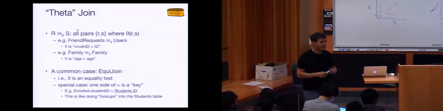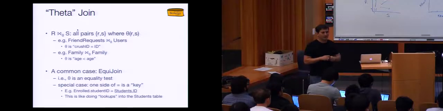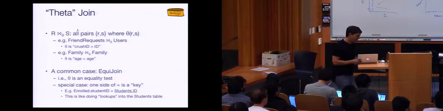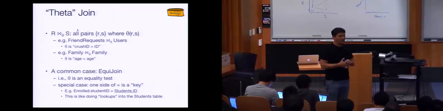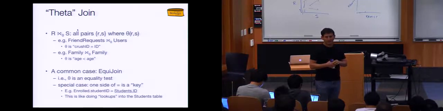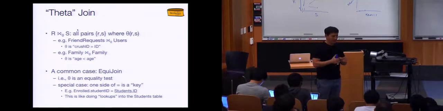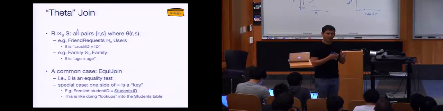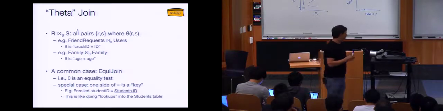A more typical example of that in your database textbook would be find all employees and their managers. Imagine that the employee table has a field called manager ID and a field called employee ID. I'll write this down.